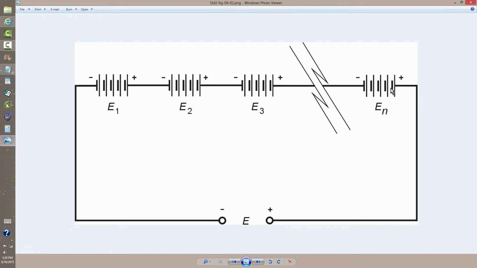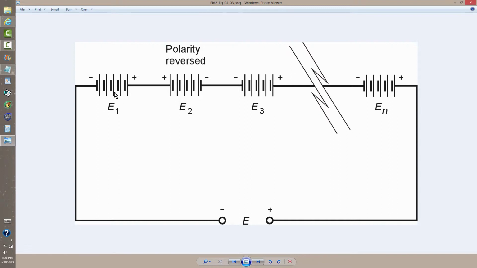Well, that's simple enough and straightforward enough, but what do you suppose will happen if you reverse the polarity of one of those cells? Now, in theory, what should happen is that the 1.5 volts provided by this cell, voltage number 2, E2, will subtract from the total rather than adding to the total.